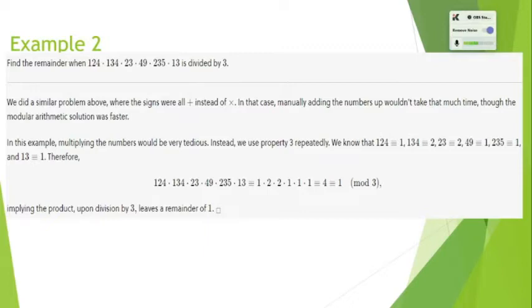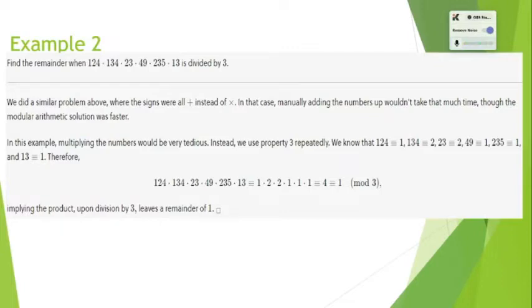So, we did a similar problem in the previous slide where the signs were positive instead of multiplication. In that case, manually adding the numbers up would take that much time, though the modular arithmetic solution was faster. So, in this example, multiplying the numbers would be tedious. Instead, we use the property repeatedly.